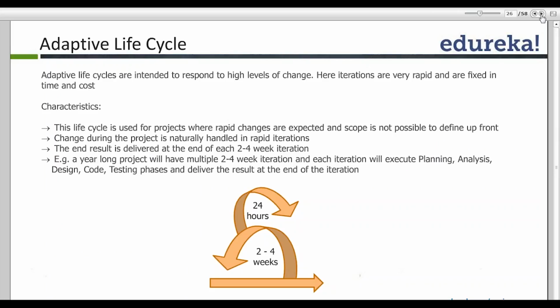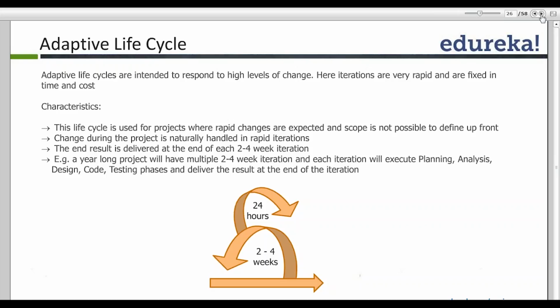The characteristics of an adaptive life cycle are that the iterations are of 1 week, 2 weeks or 3 weeks, and it is not possible to define the entire scope upfront. Changes which take place during the project are handled in rapid iterations. The end result is usually delivered in 2 to 4 weeks of an iteration.